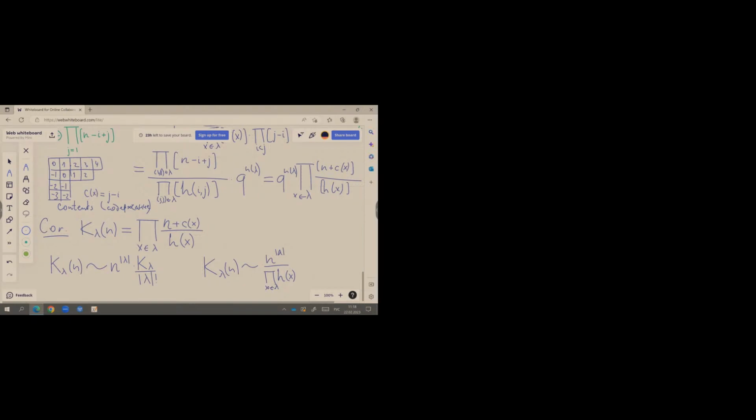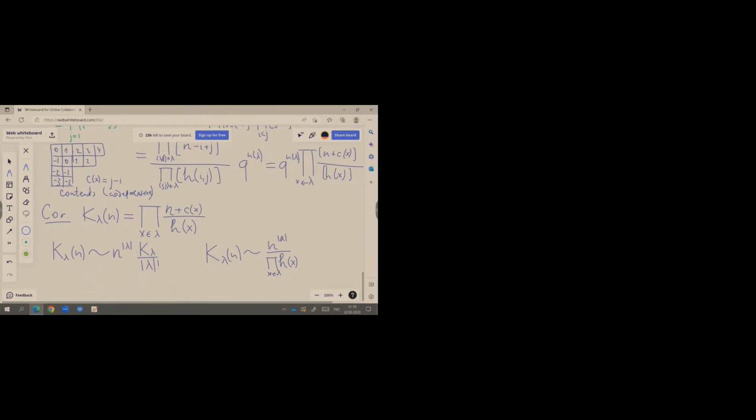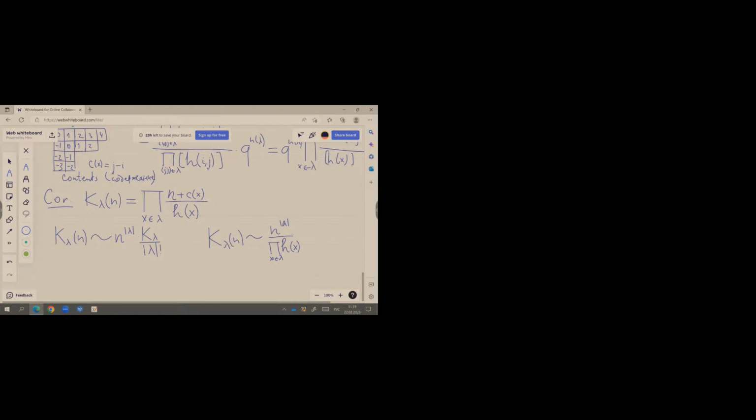So I have h and n, and I write them in a similar way, so maybe let me make them look a little bit different. So the corollary is the hook length formula.